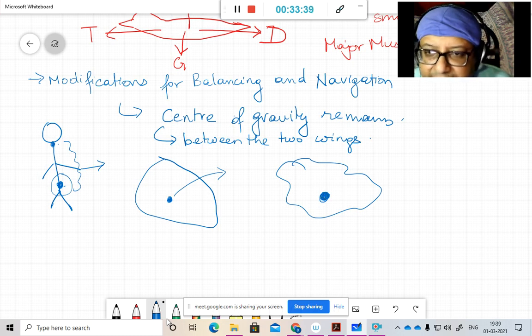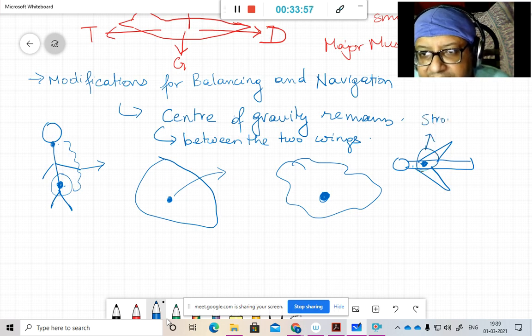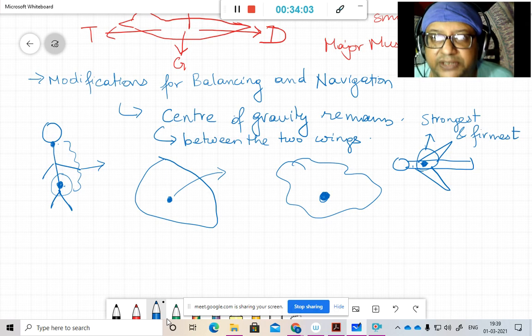But in the case of a bird, or any flight, the center of gravity is between the wings, so this region is the strongest and firmest region.